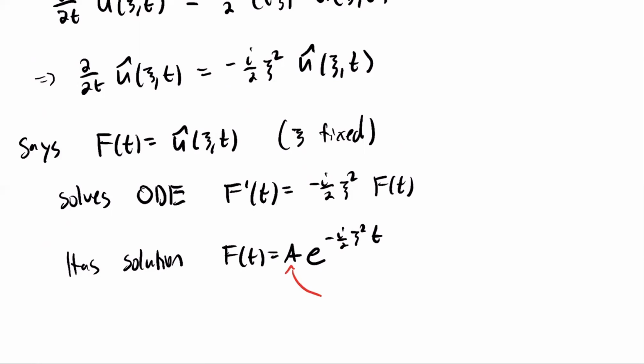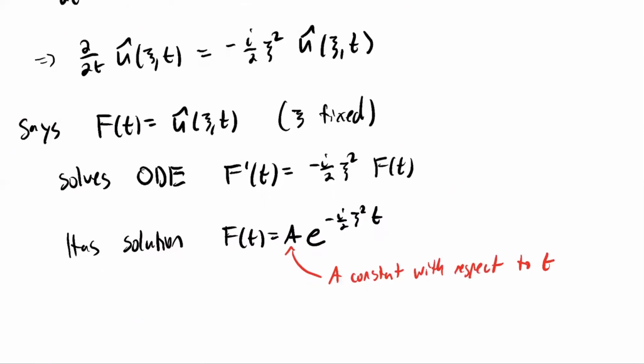Well, we have to be a little careful here. This A is constant with respect to t, because we're taking antiderivatives with respect to t to solve this differential equation. However, it is possible that A could depend on xi, and it will turn out to be the case that A depends on xi.